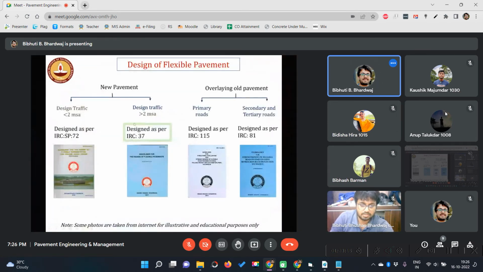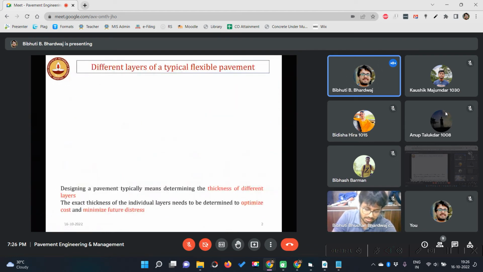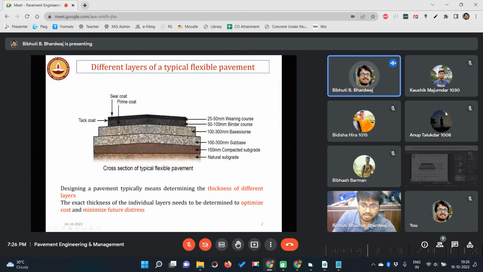So we are doing it using IRC 37. Okay, so different thicknesses were there. Some given ranges are there, but we need to find out the actual thickness and what are the material types to be used based on the requirement for how many years, what is the traffic, growth rate, including everything, right?